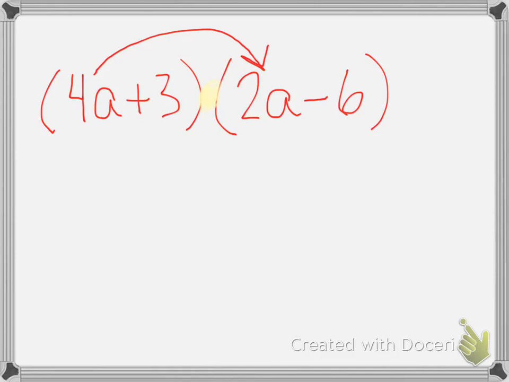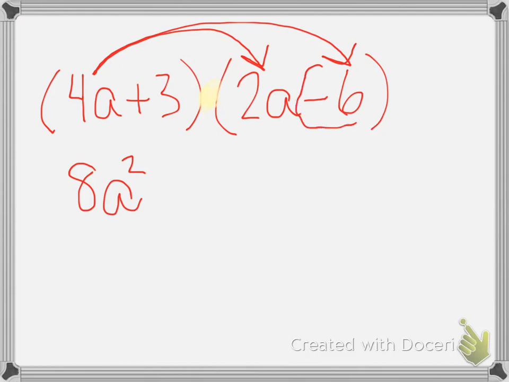Remember, when you multiply, a times a makes a squared. So that's 8a squared. And then 4a times negative 6. Make sure you're seeing that bubble.